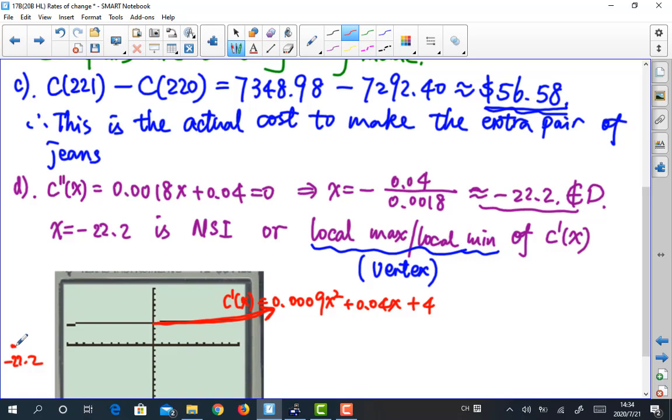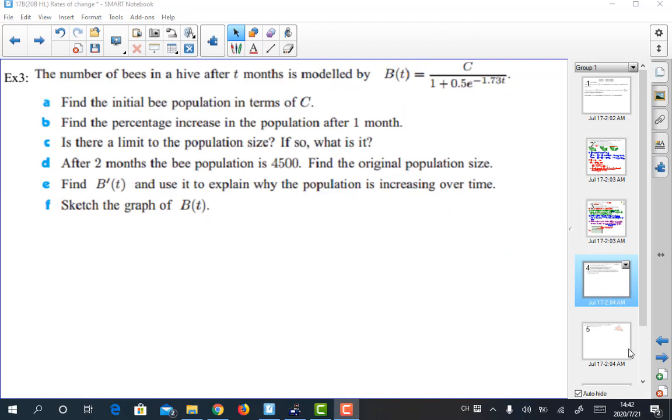So once you want to increase one more pair of genes, the rate of change in the cost is always increasing. Example 3 will show us the application of the rate of change in the population growth.